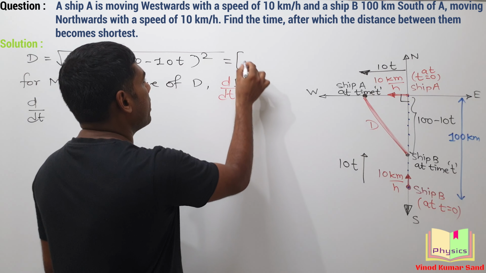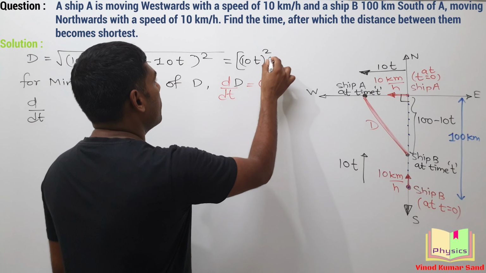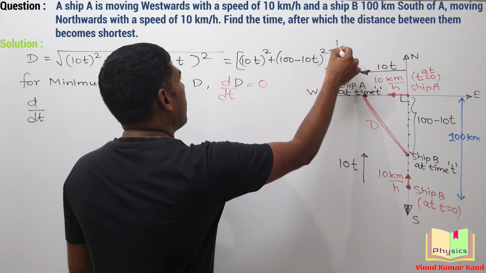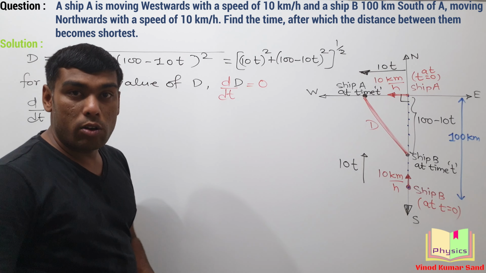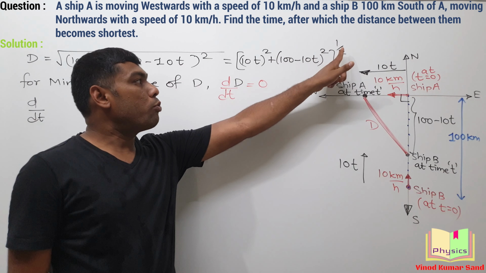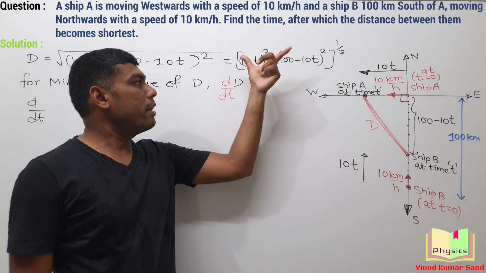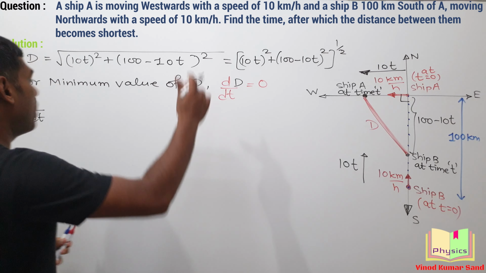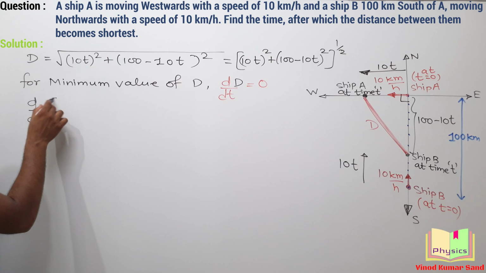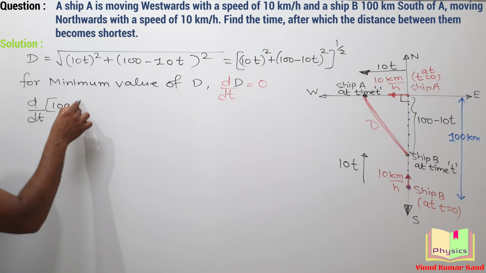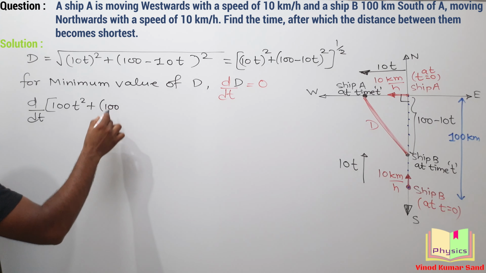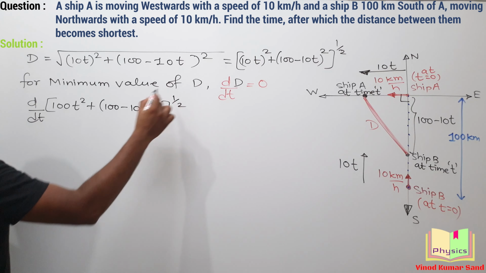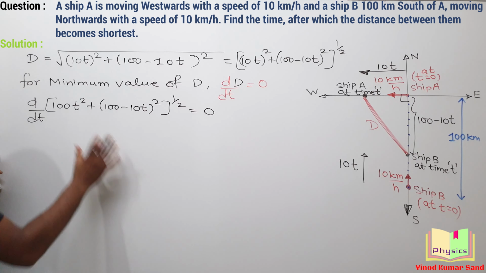I am writing this again: (10t whole square plus (100 minus 10t) square) power half.